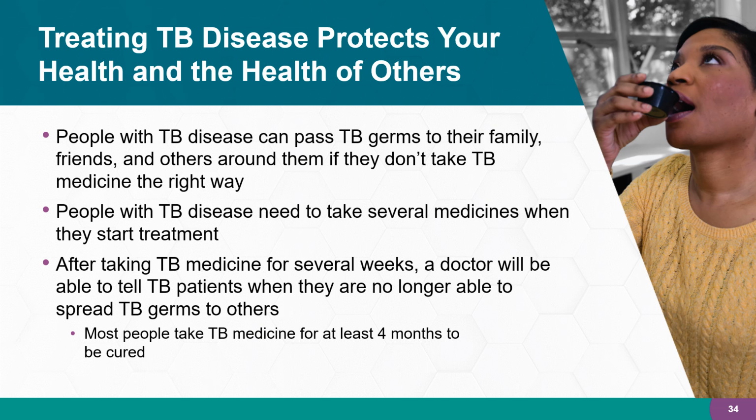It is very important that people who have TB disease are treated, take the medicine exactly as prescribed, and finish all medicine. If they stop taking the medicine too soon, they can become sick again. If they do not take the medicine correctly, the TB germs that are still alive may become resistant to those drugs.